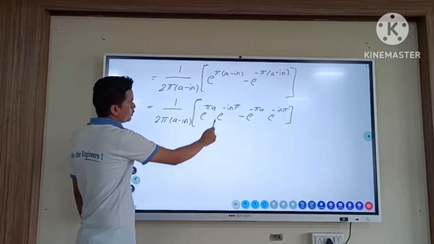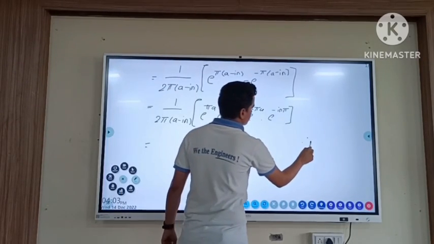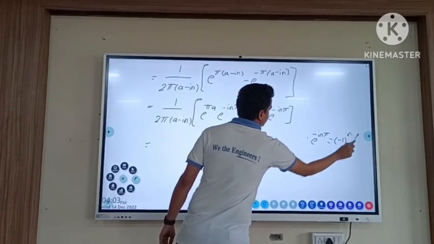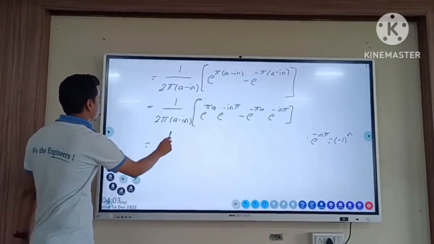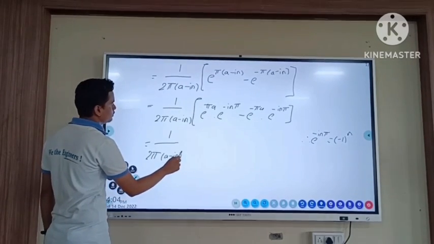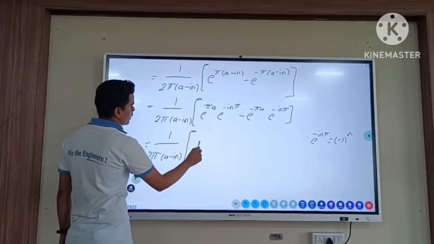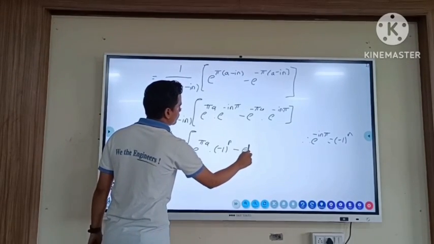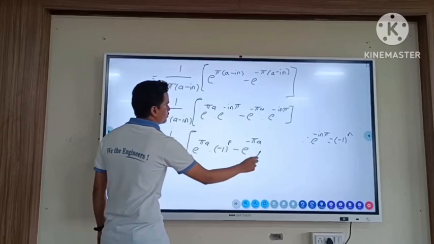We know that e raised to minus in pi is equal to minus 1 raised to n. So put this in: 1 upon 2 pi a minus in, e raised to pi a into minus 1 raised to n, minus e raised to minus pi a into minus 1 raised to n.